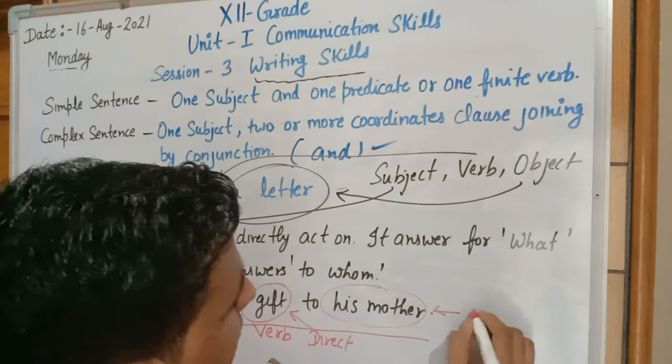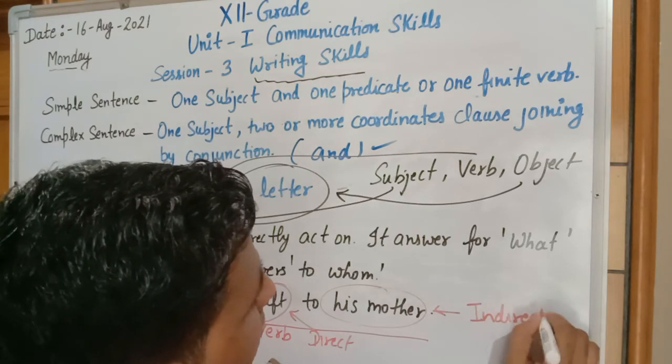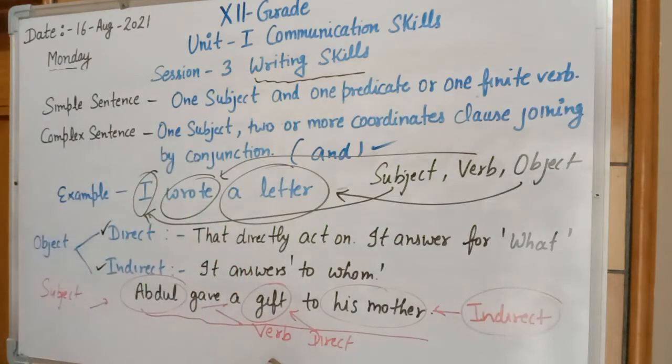His mother. So mother is an indirect object. It means to whom it is given, it is indirect. What is given? That is direct. By whom it is given? It is known as the subject. And which action is taken? That is known as the verb. So this is the basic structure of your sentence, and direct object and indirect object.